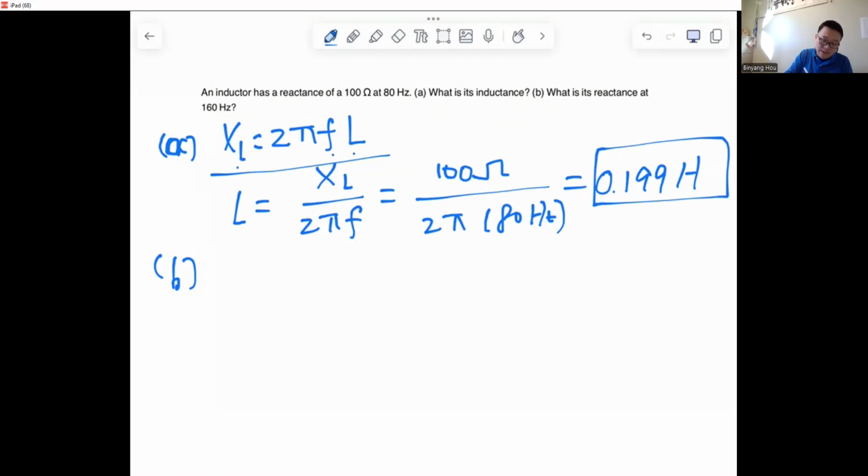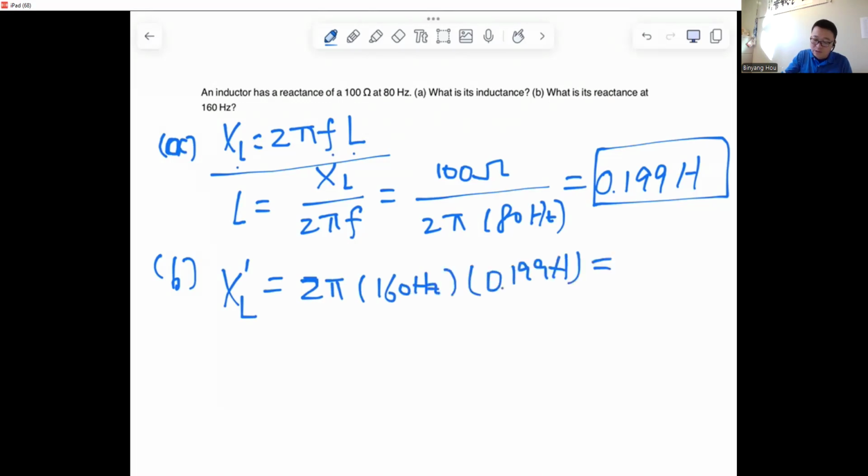So quickly we can say that XL prime will be equal to 2 pi times, this time 160 hertz, times 0.199 Henry.